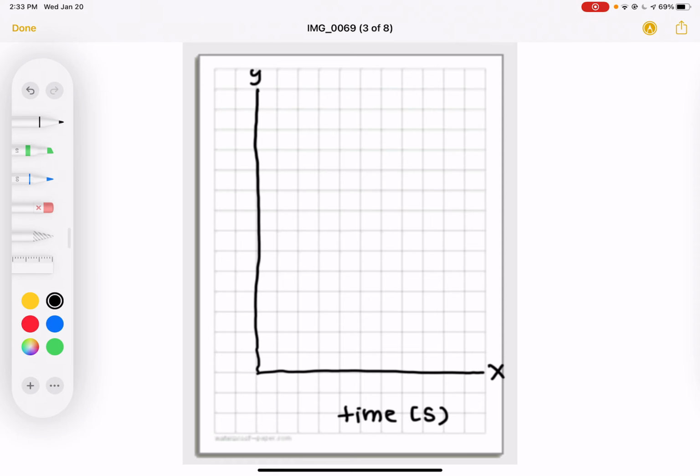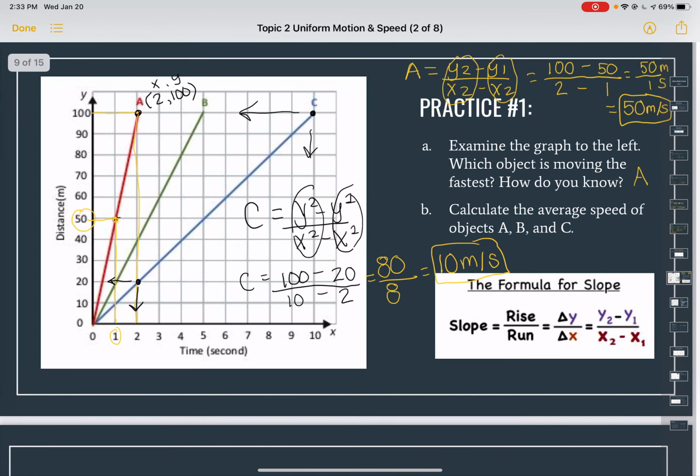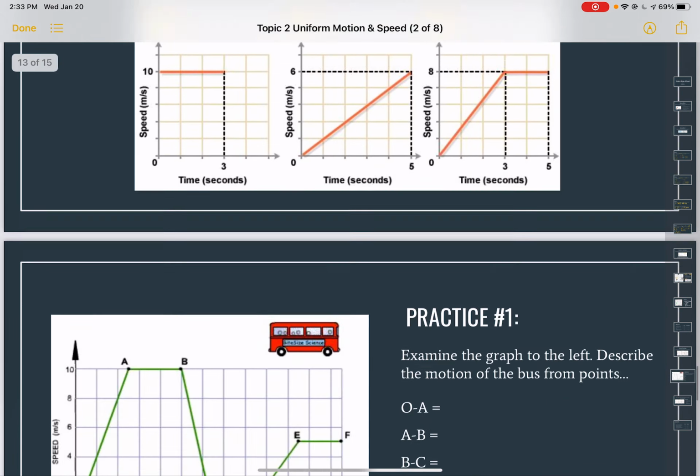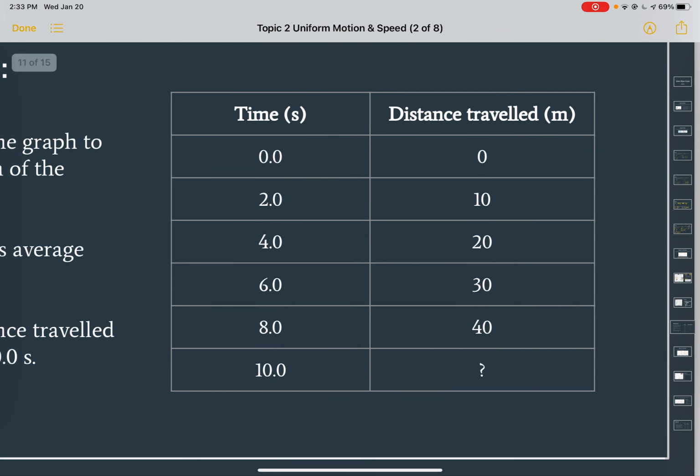Going back to the table, time in seconds goes from 0 to 10. Then our distance traveled goes from 0 to, at least, 40.